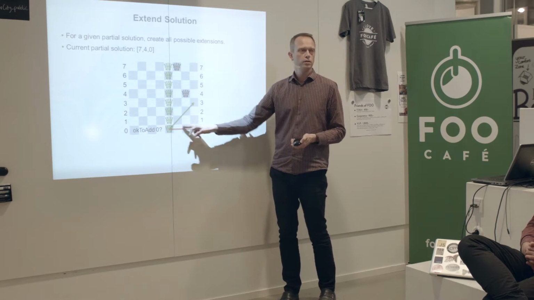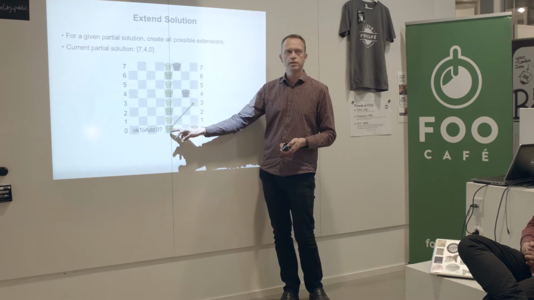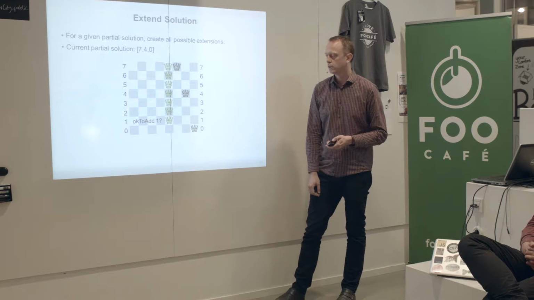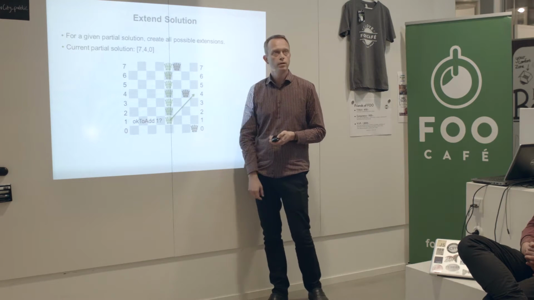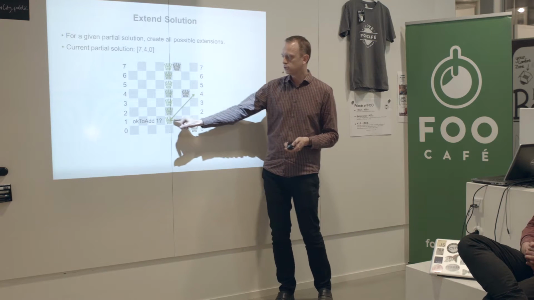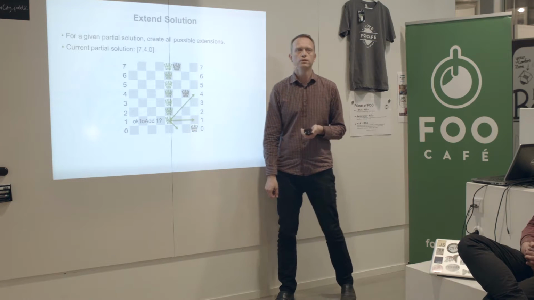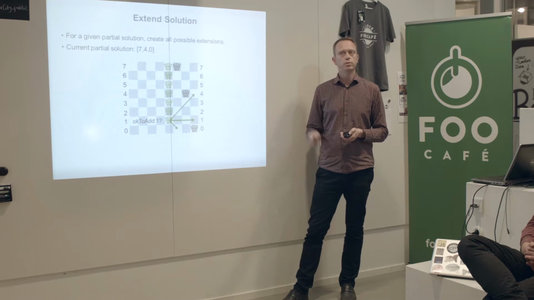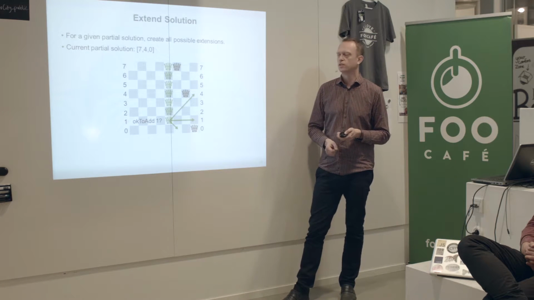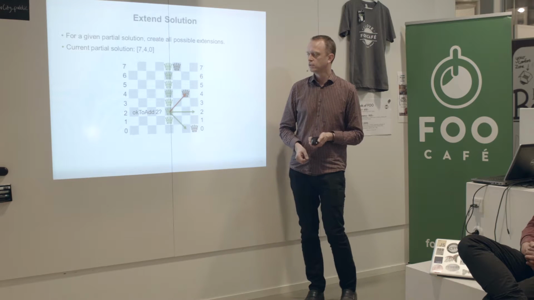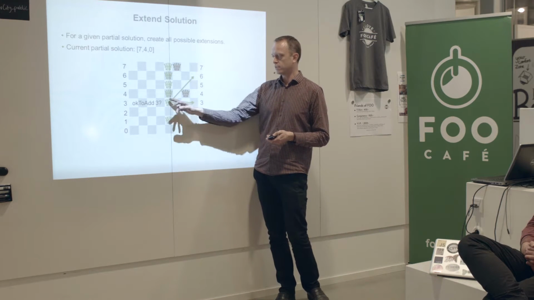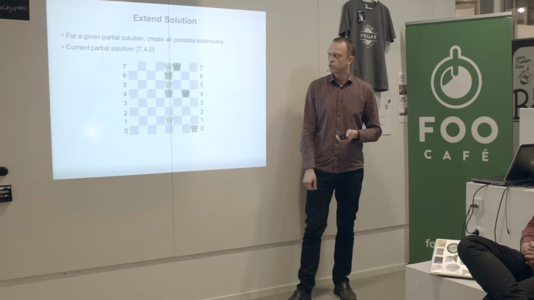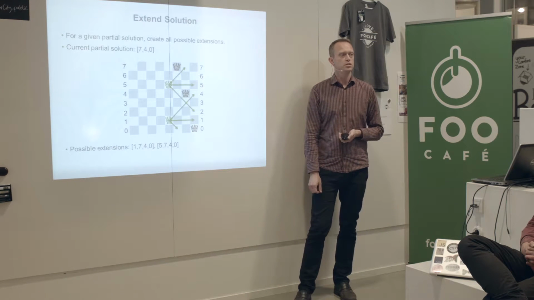But this one, it will hit. So this is not OK, so we remove that. Then we'll take the next one. This one is OK to add up. It is OK to add level. And it's OK to add down. So that one we keep. That's a possible extension. Then we move to the next one. And this is not OK to add, because it threatens this. And so on. This threatens this. And then we end up with just these 2 possible extensions.